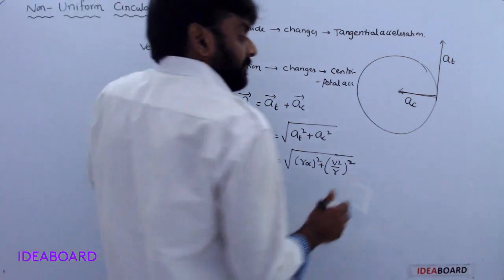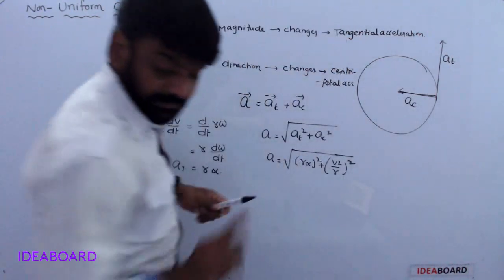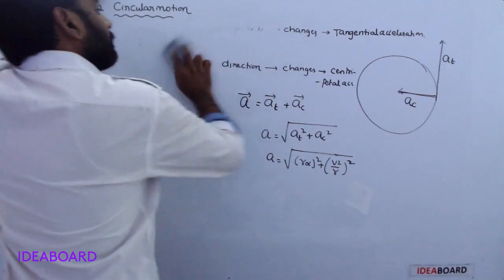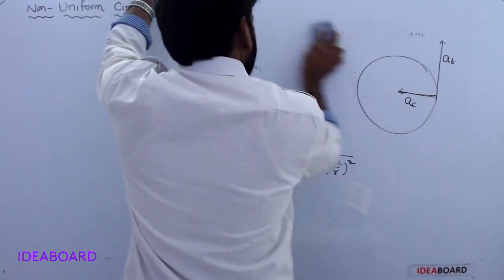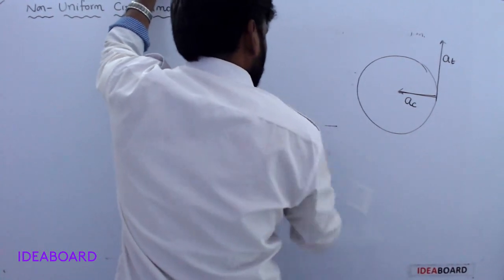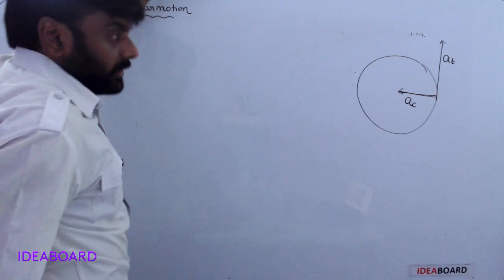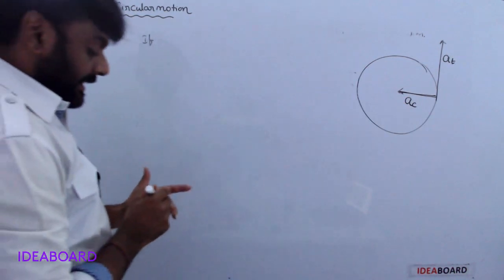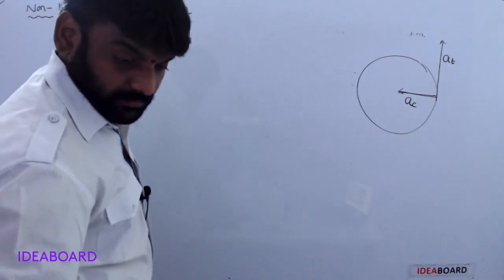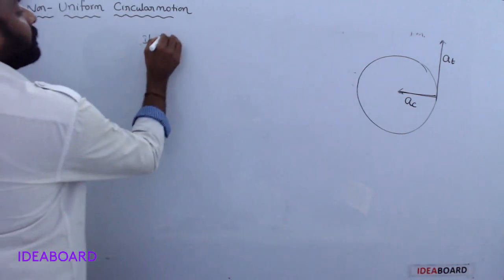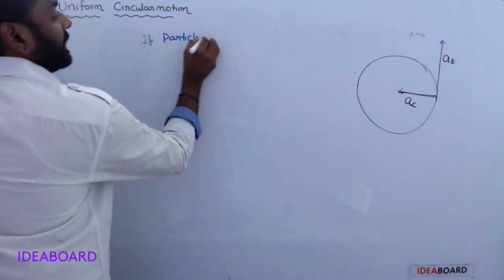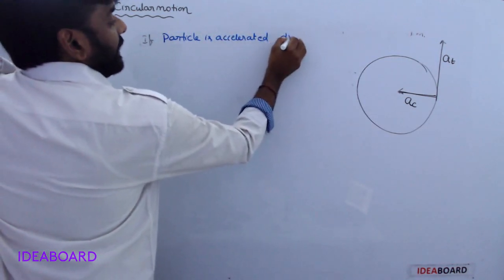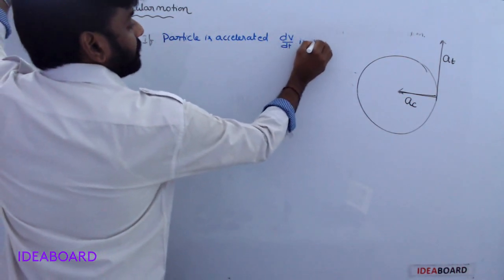If the particle is accelerated, that means dv by dt is positive.